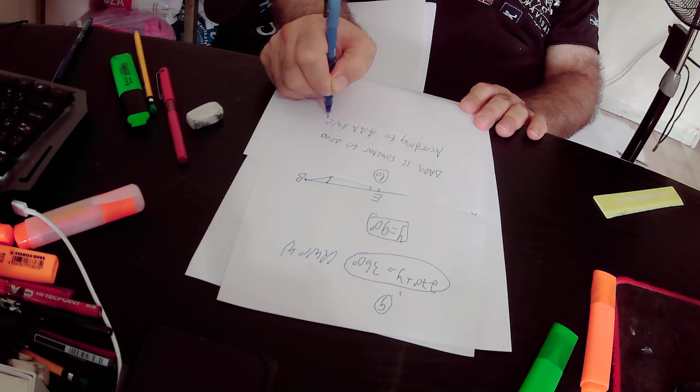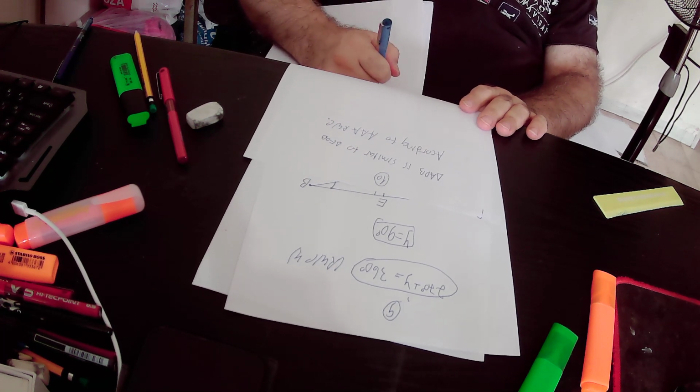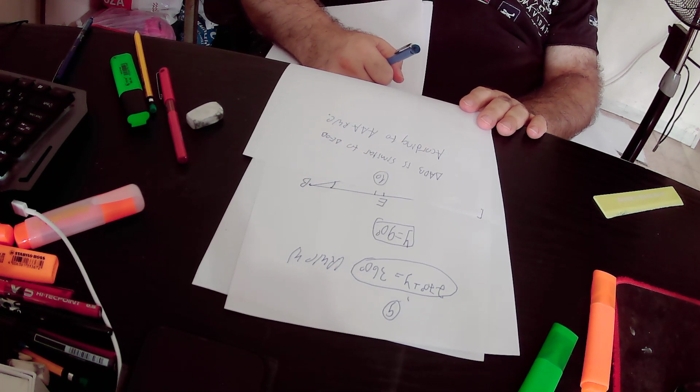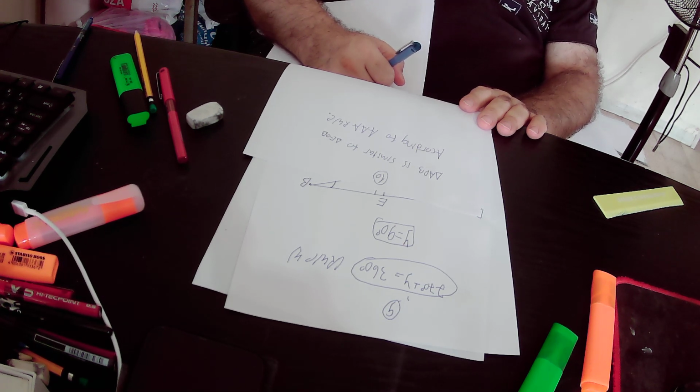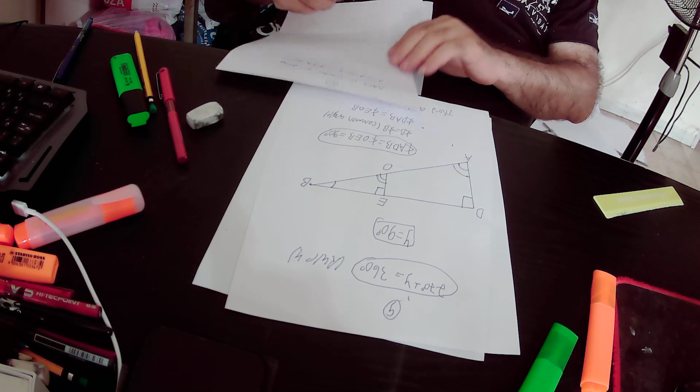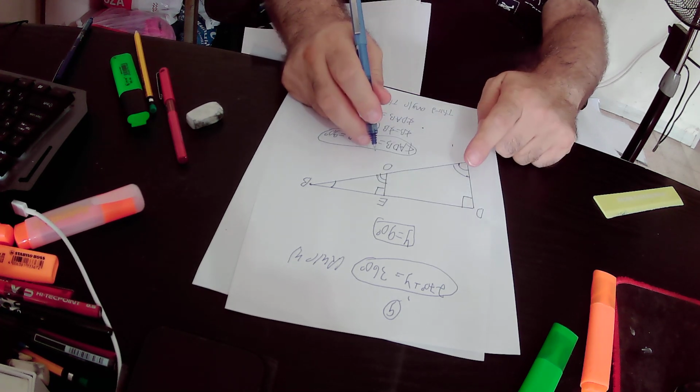The angle rule states that if you prove that all the angles in one triangle are equal to all the angles in another triangle, we actually prove that those two triangles are similar to each other. So those two triangles are similar according to the angle rule.